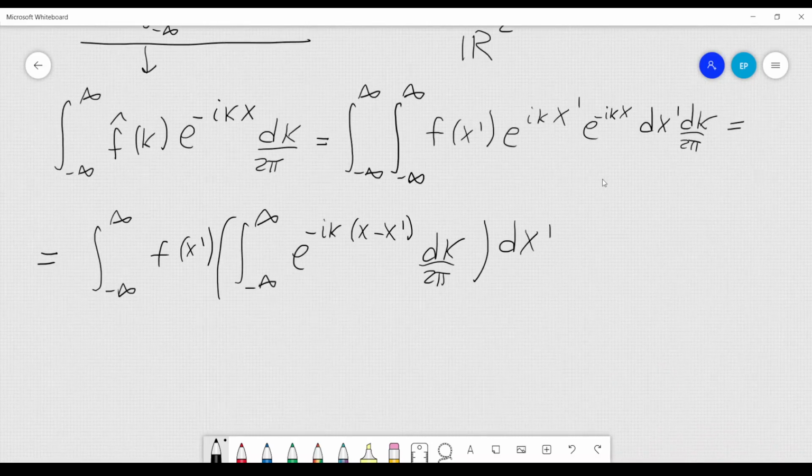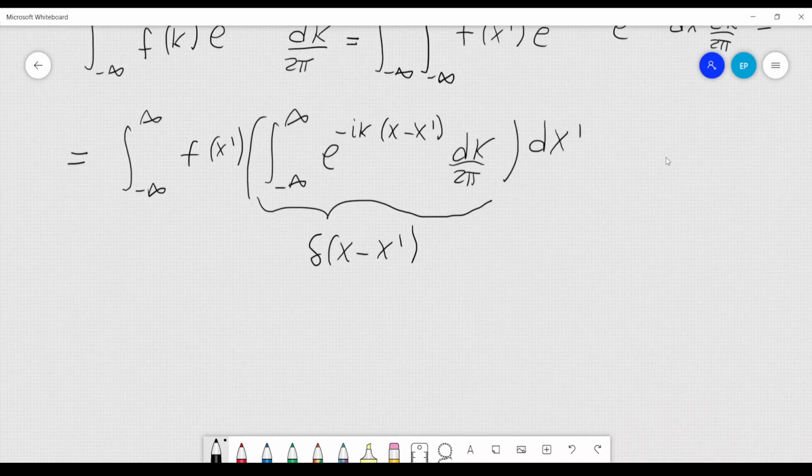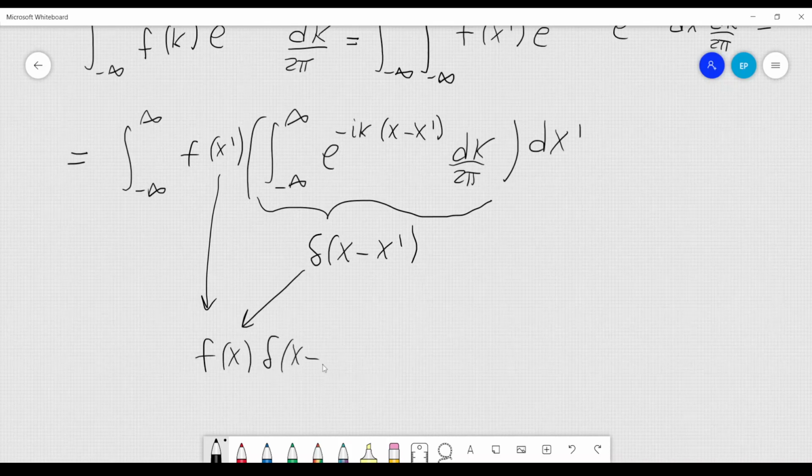Now I can carry out this integral here because we have obtained the result earlier. This integral is just delta of x minus x prime. It's the Dirac delta. And then when I multiply this Dirac delta by f of x prime, the result can also be rewritten like this, f of x times delta of x minus x prime.